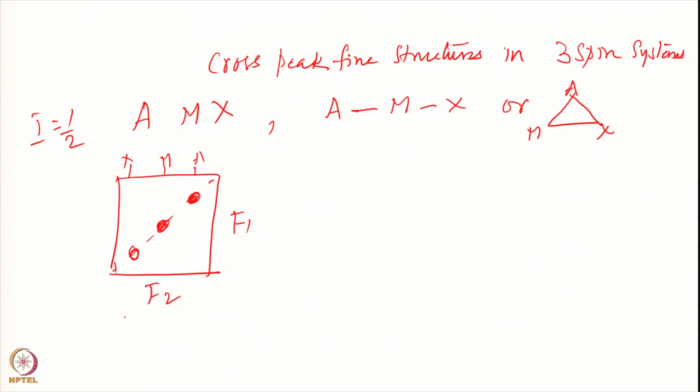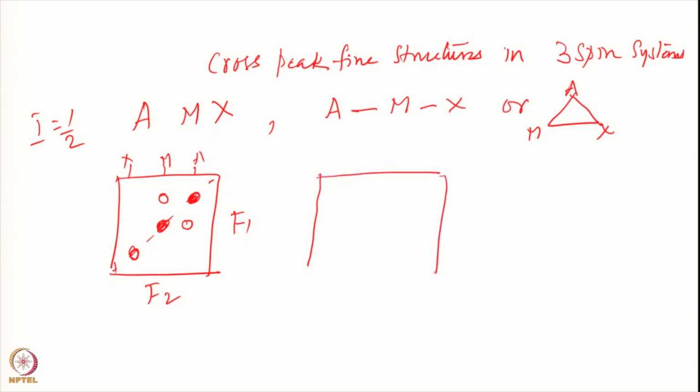Now what cross peaks do we see? So we will see a cross peak here and a cross peak here, A to M. In the case of a linear system, we will have two different things. So let me draw that here, for the linear system, how it will look.